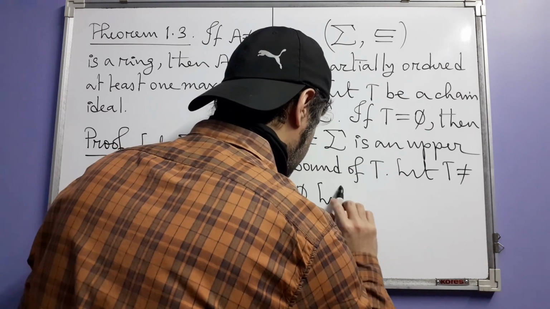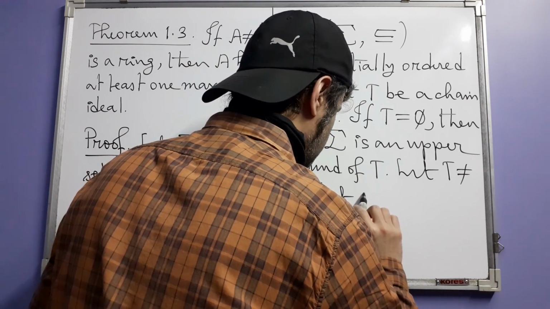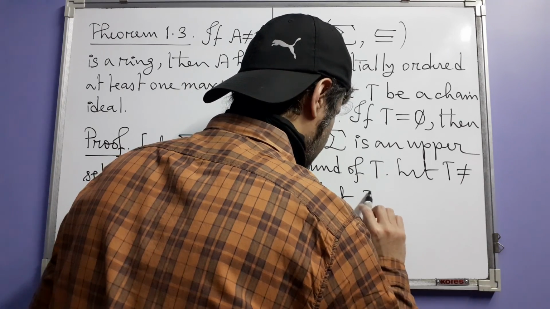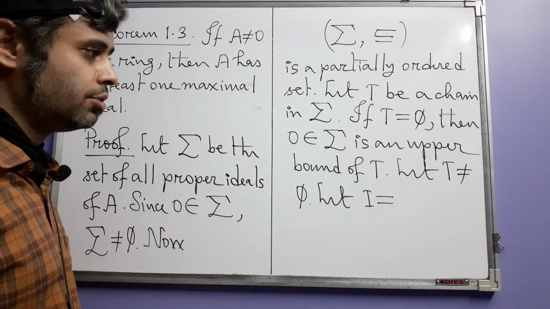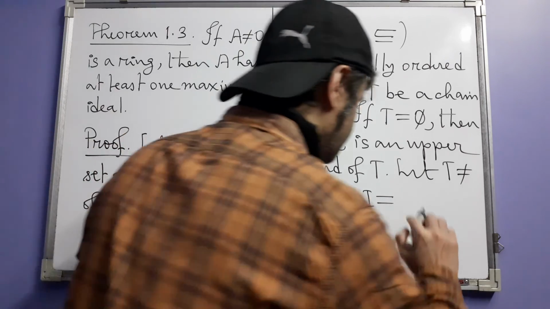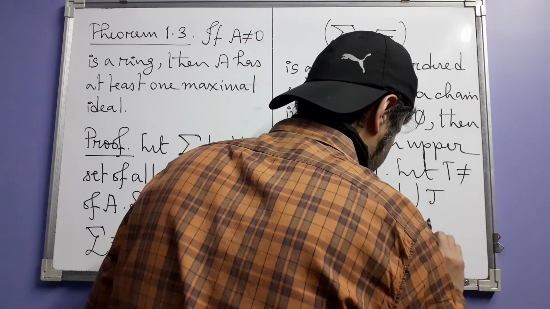So we can consider their, what can I call it? Let me call it I. We can consider the union of the elements of T, and say the general element is J.